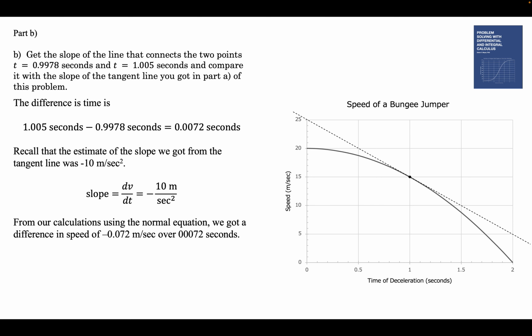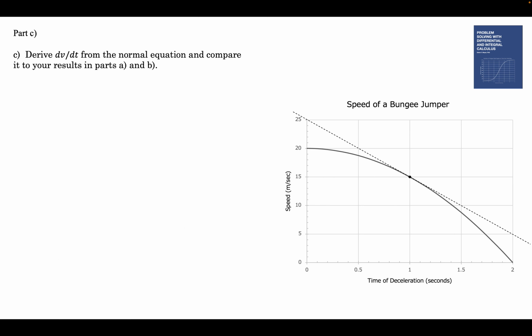So from the calculations using the normal equation, we got a difference in speed, the rise, of minus 0.072, and the run is 0.0072 seconds right here. And the ratio is minus 10 meters per second squared, as we expected. That was the slope using the tangent line, and that's about the slope using 2 points close to 1 second.